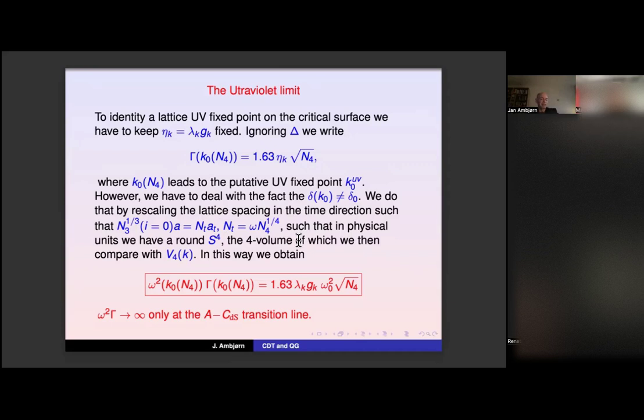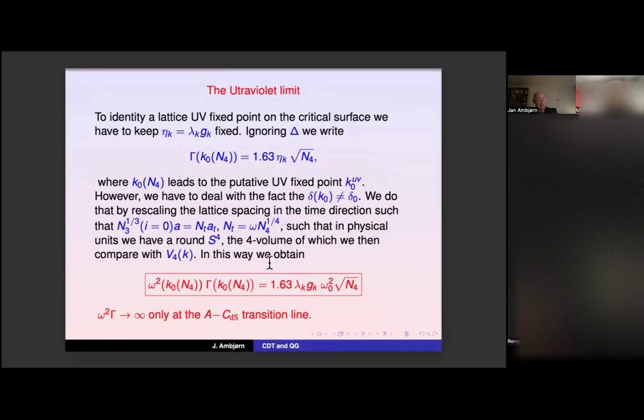So we are allowed to do a finite rescaling to obtain what we could call a maximal isotropy between space and time, namely a round S4. This is just what we are doing, very simple. And then we end up with this relation.